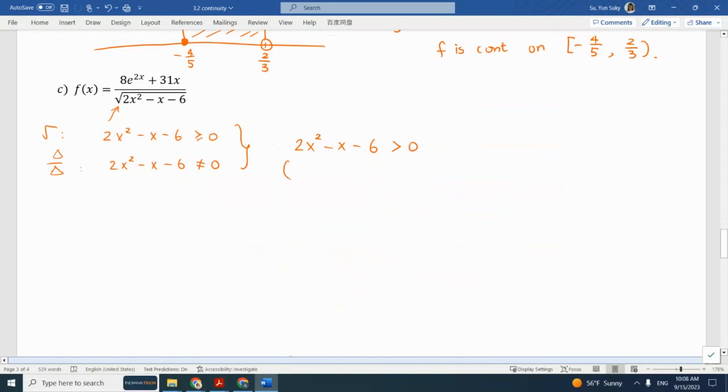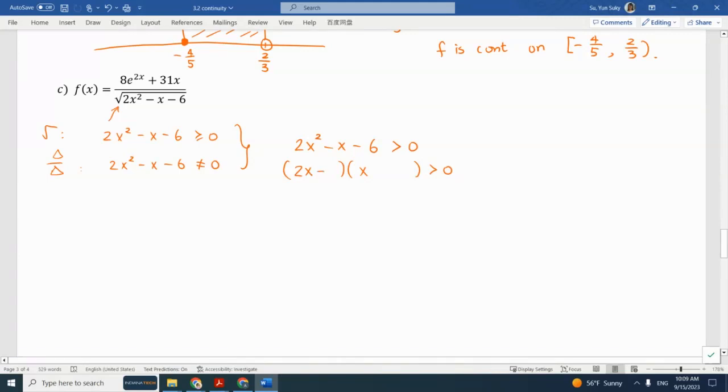Okay, so we factor. How can you factor? 2x squared can be factored as 2x and x, right? How about minus 6? Either 1 and 6 or 2 and 3. Will 1 and 6 work?